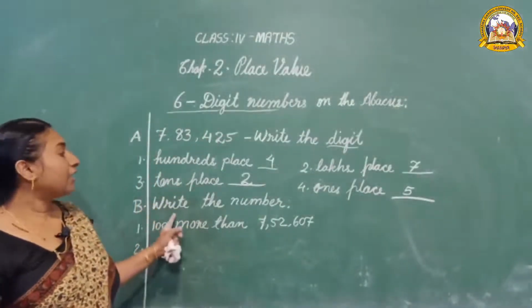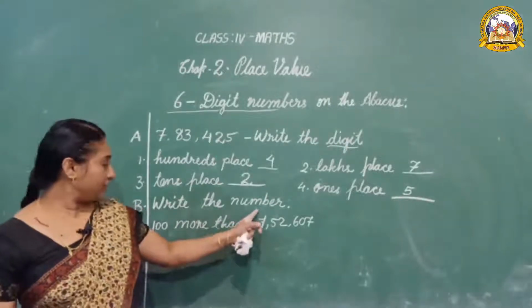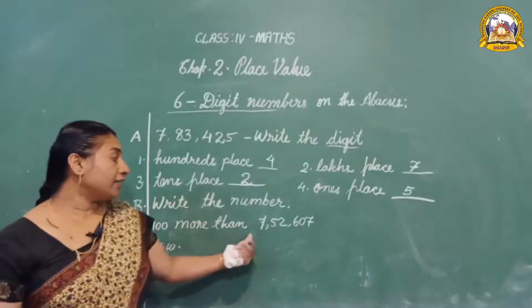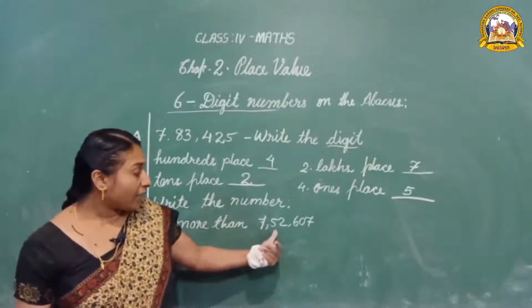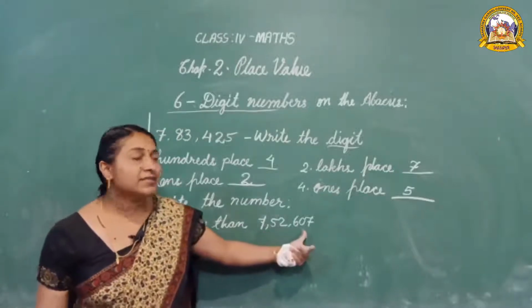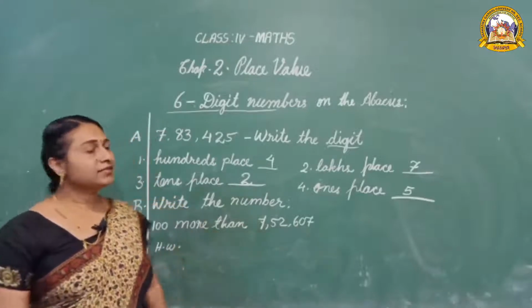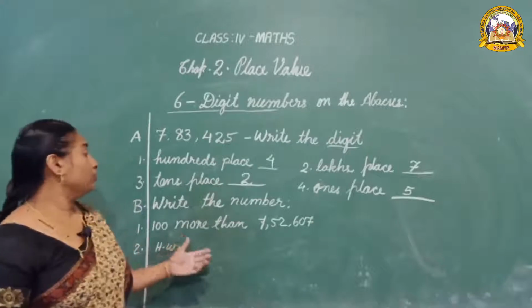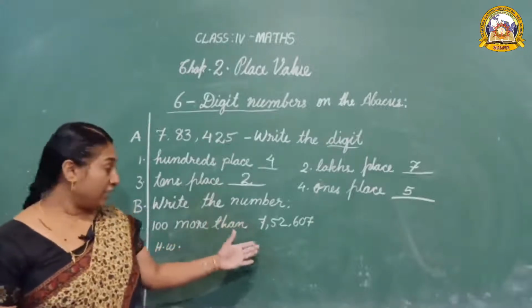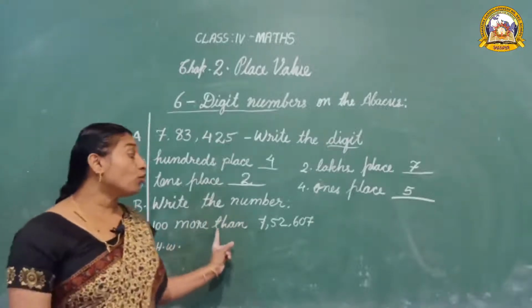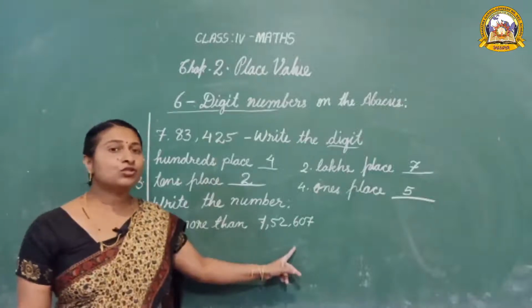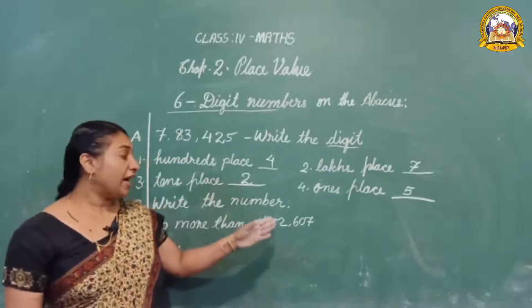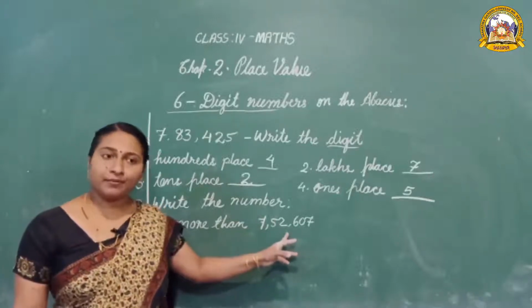Next, write the number. What is written here? 100 more than 7,52,607. What should we do to get the number? Yes, 100 more than this number, so we should add 100 with this number.